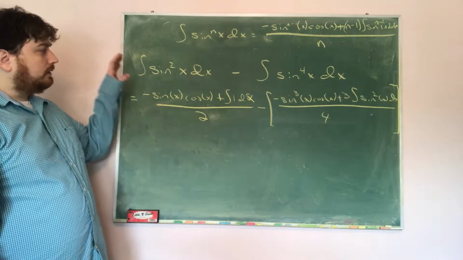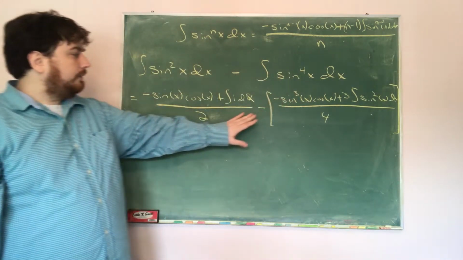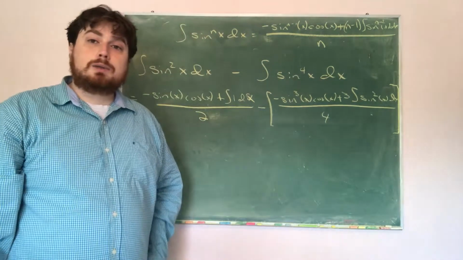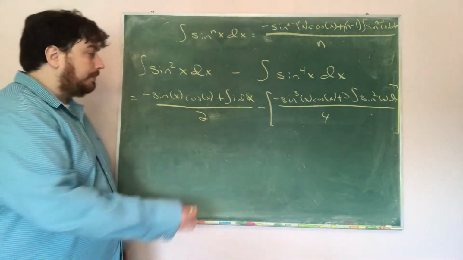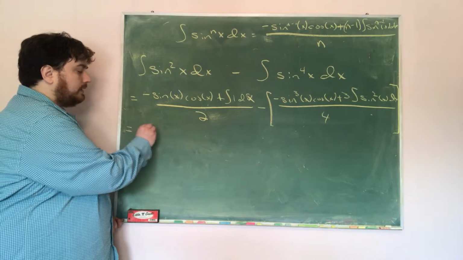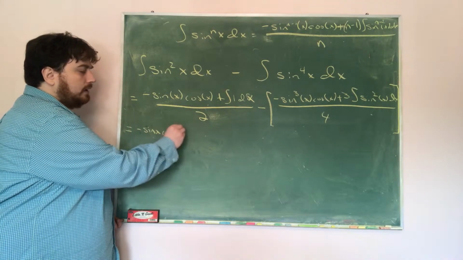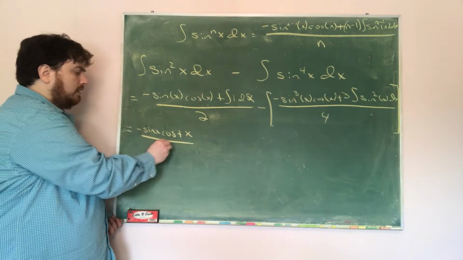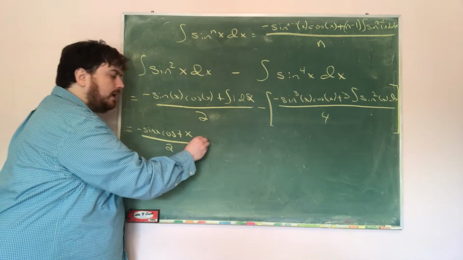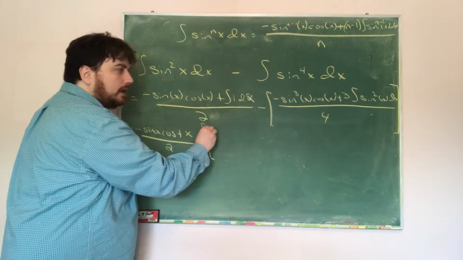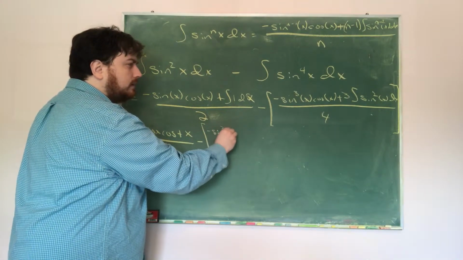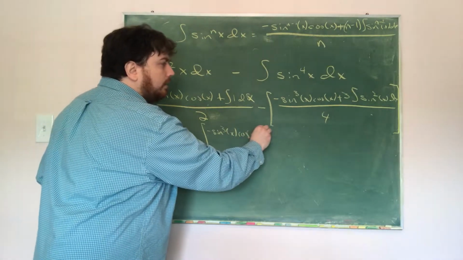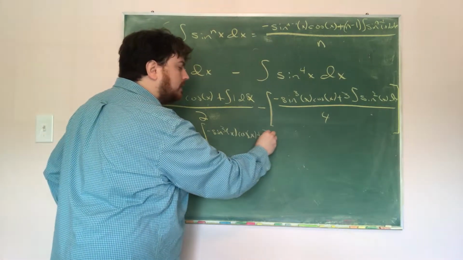So now I have the integral of sine squared minus the integral of sine to the fourth, and notice that now I have to finish this integral and this integral. I'm going to continue with this process, and I'm going to end up with negative sine cosine plus the integral of 1 with respect to x, which is just x, all over 2, minus, now I'm going to get negative sine cubed cosine x plus 3 times the integral of sine squared.